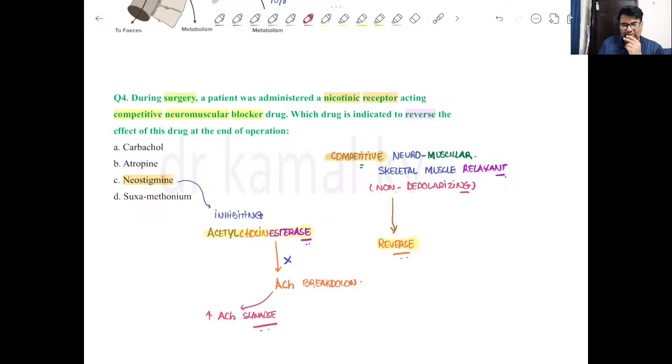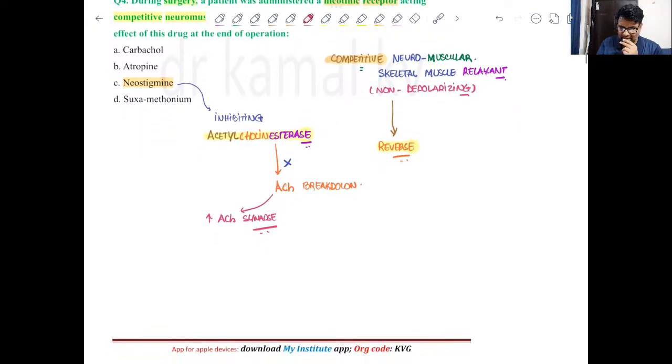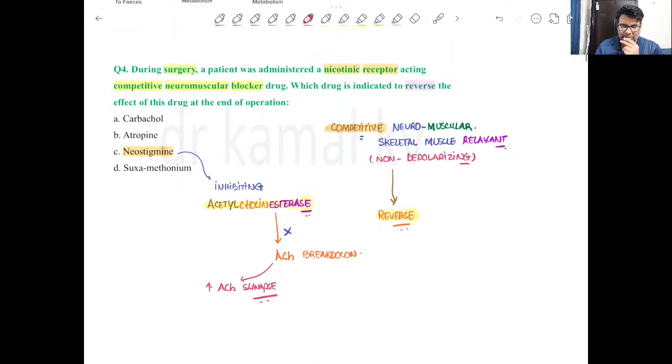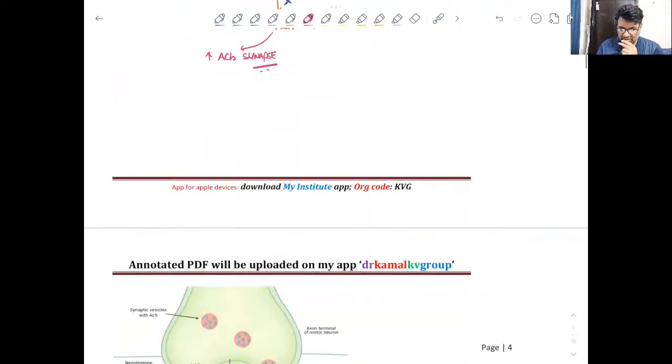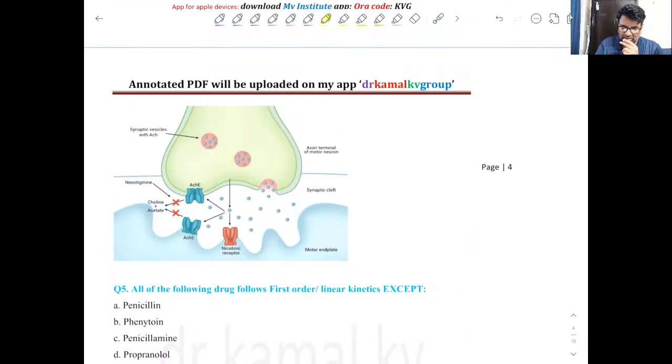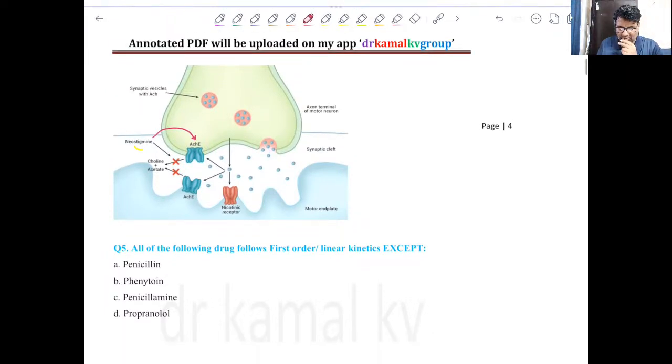And this will reverse the blockade. Clear? So this is the concept here. So neostigmine for reversal of competitive neuromuscular blockade, right? So here we can see the neostigmine is inhibiting acetylcholinesterase, which actually brings about destruction or breakdown of acetylcholine.